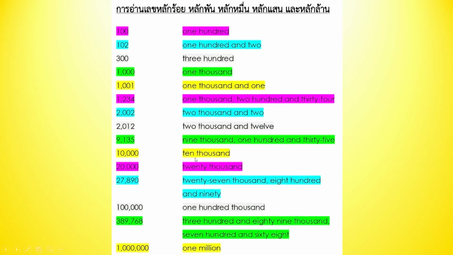In English, we say 10,000. หลักแสน we call 100,000. And the last one, หลักล้าน we can say 1 million. Okay, I think you have the breakdown of the knowledge about the numbers, right? But I want to review again, to review your breakdown knowledge about the numbers.